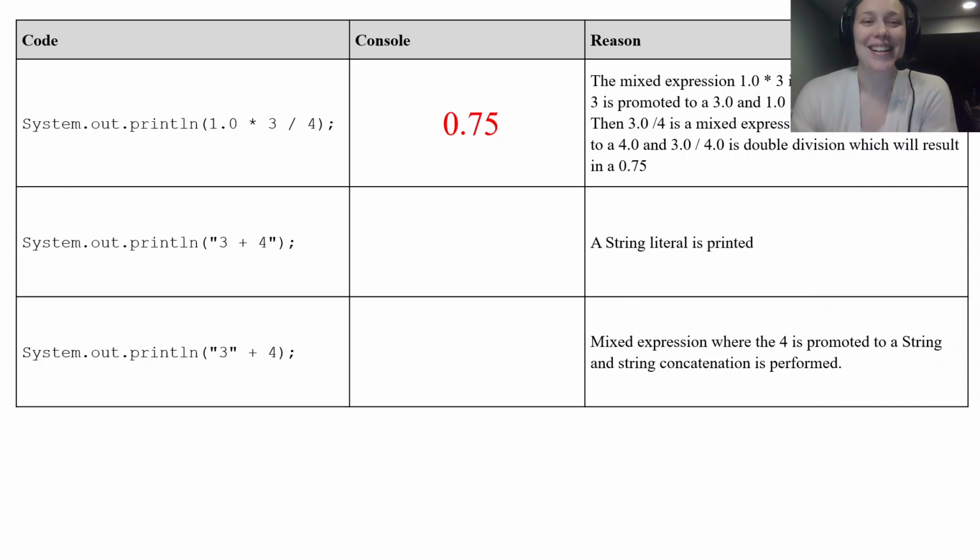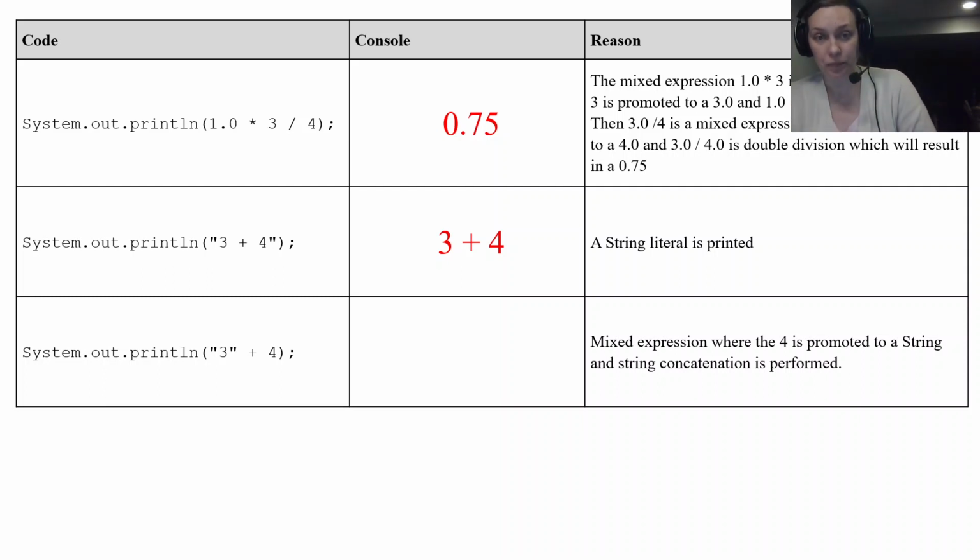Good stuff. Okay. Now, mixing strings, we've kind of talked about this a little bit in the past notes, but let's just go over a couple of different things here. When you have a string literal, so you have the 3 plus 4 inside quotation marks here, what gets printed is the actual string literal. Okay? Java does not evaluate expressions inside a string literal. Okay?